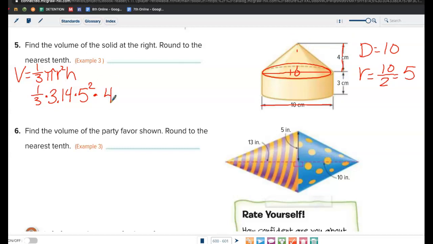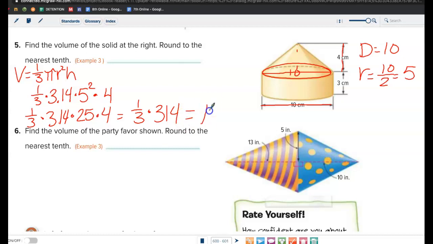I do order of operations first, so I do my exponents. 5 squared is 25 times 4. You can type that all into the calculator at one time if you want to. If you want to break it up like I do, that's fine. So I got 1/3 times 314, or the same as dividing by 3.